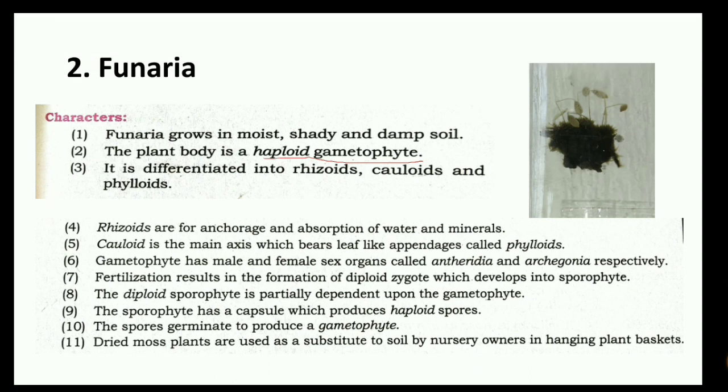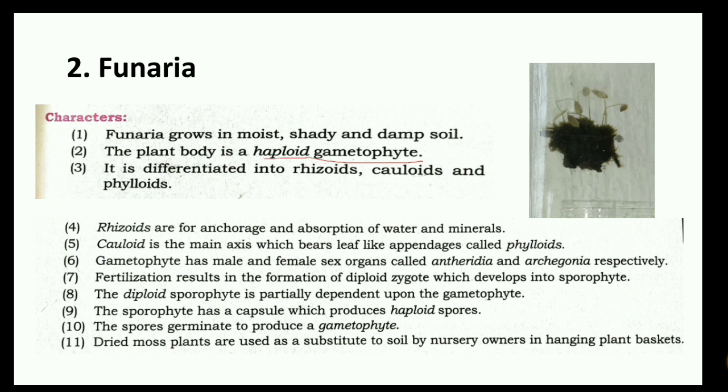Here the plant body is haploid gametophyte, which is further differentiated into rhizoids, caulloids, and phylloids. To understand these three parts in simple words, I would just say rhizoids are similar to roots, caulloid is similar to stem, and phylloid is similar to leaves.